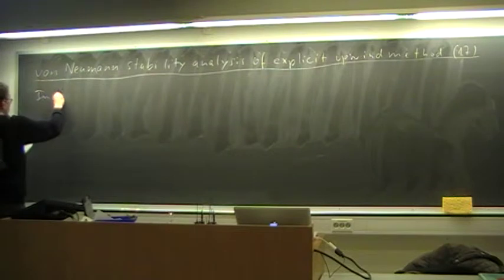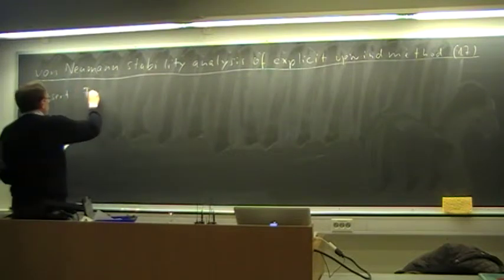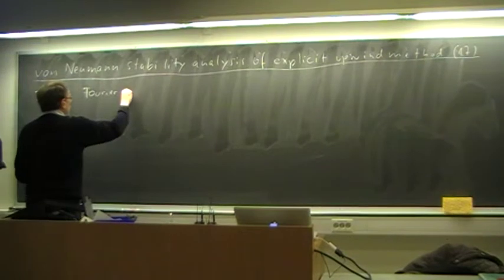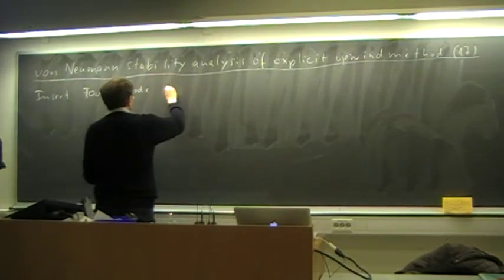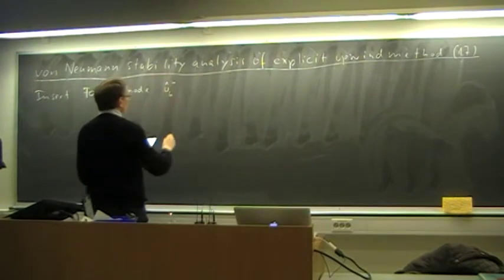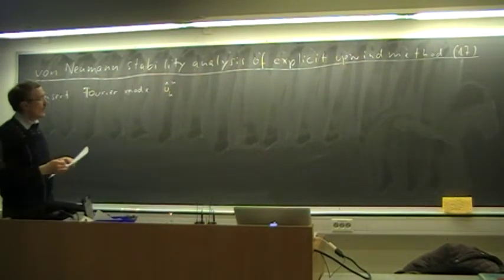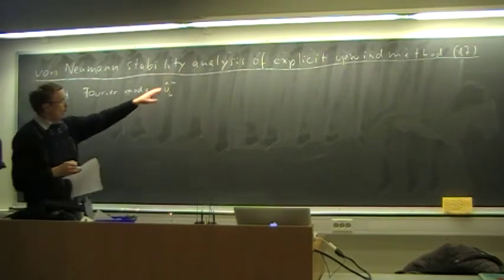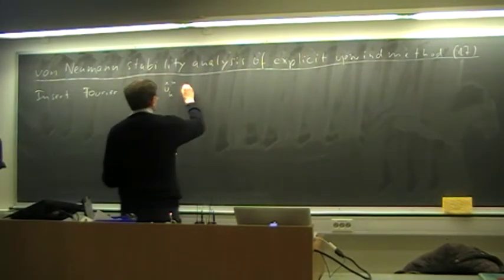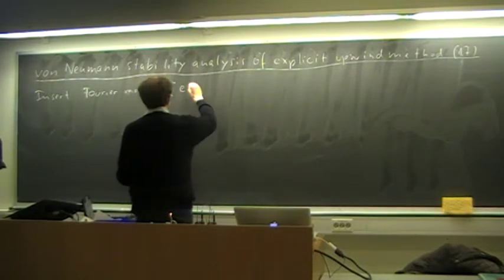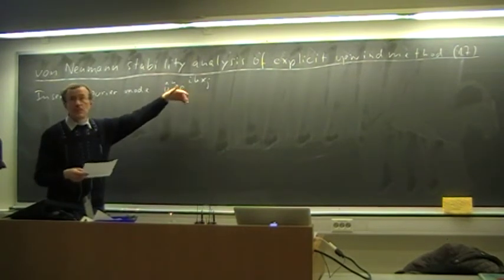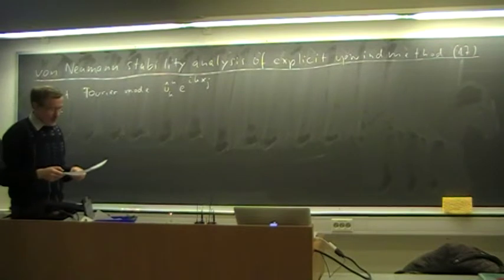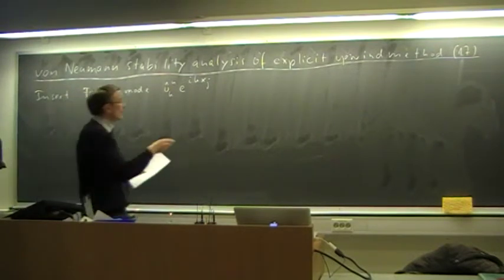We insert a Fourier mode for wave number k, u k hat n. That is the amplitude of the wave with the wave number k at the time level n times this trigonometric form, which we write as e to the I k x j, which we know is cosine k x j plus I sine k x j, which makes it easy to do the analysis.